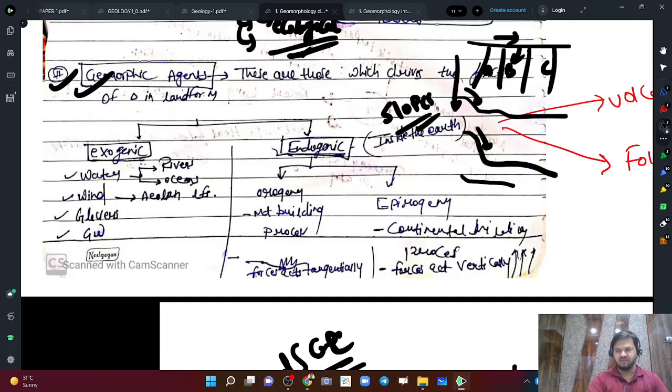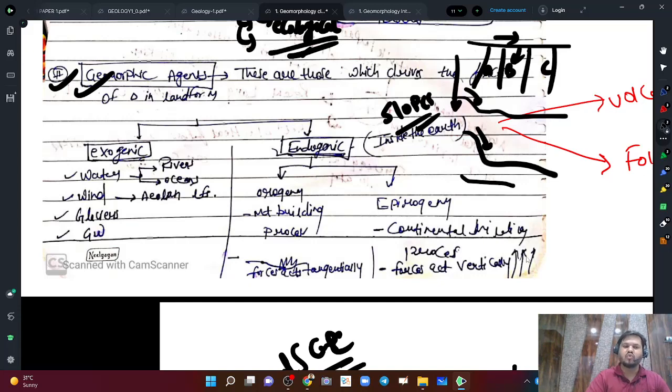Of course, these places are different, but this is how it evolves. And actually, if you go a few million years from today, maybe even the slopes of the Himalaya region will become very gentle because of the erosion. So here the forces of erosion are operating, right? So geomorphic agents are basically those forces themselves, right?